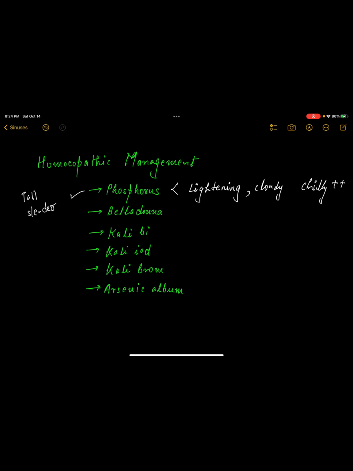And belladonna if there is aggravation at 3 p.m. And the Kali group is one of the most prescribed and the best. These are the best remedies for respiratory infections.